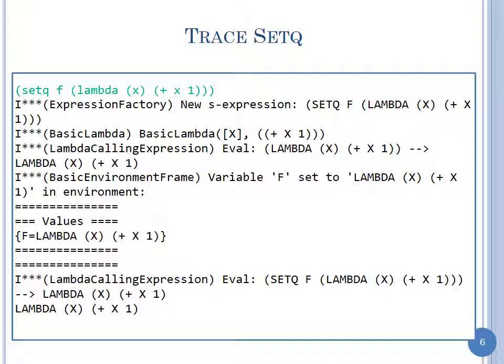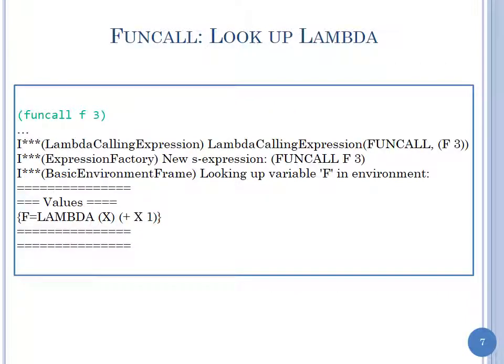This part is fine, just like our previous set queue, there's nothing different here. Our global environment has f equal to lambda x plus 1. Nothing surprising here. There's a lot of stuff to look at, but just trust me. The basic lambda is the lambda object you get, and we set this value.